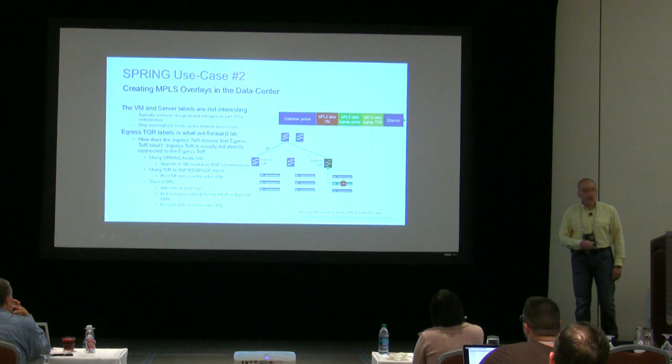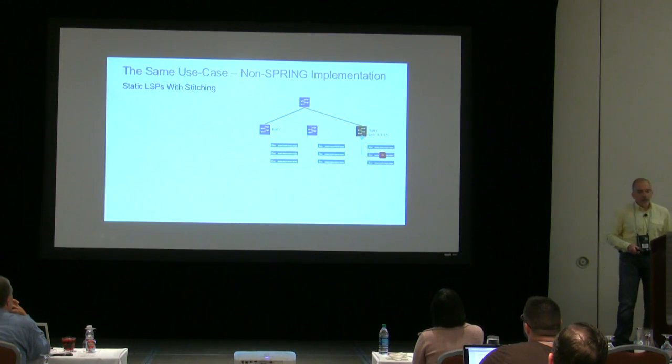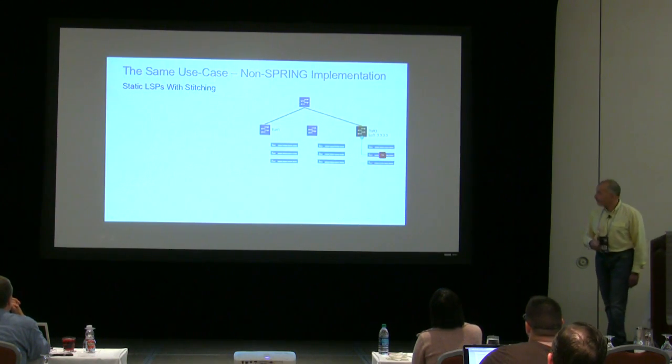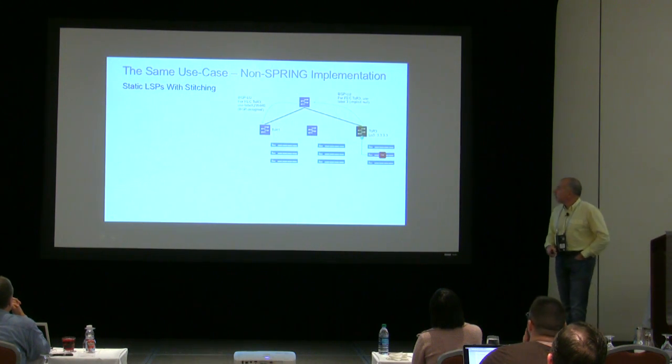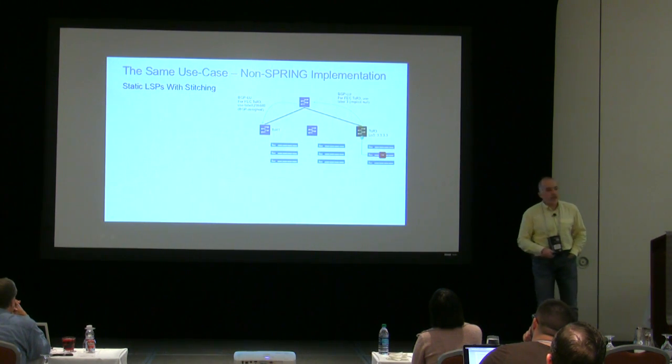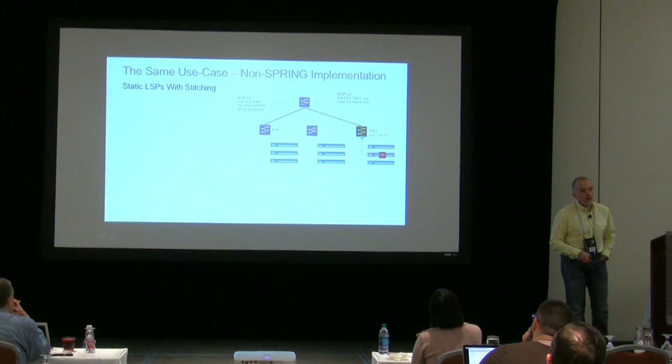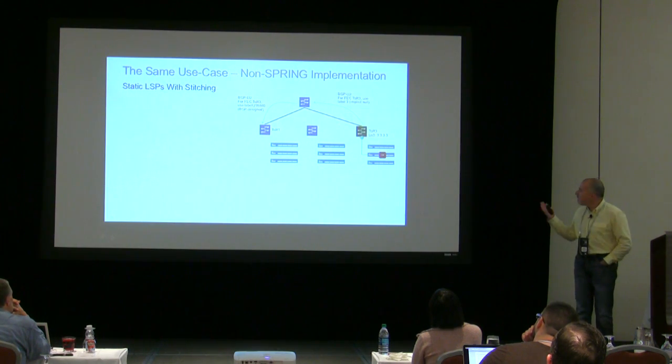Or you can get creative and do something like this. So you can enable any flavor of label distribution protocol in your data center. In this case, this example is with BGP labeled unicast. But you could do LDP as well, just as easily.